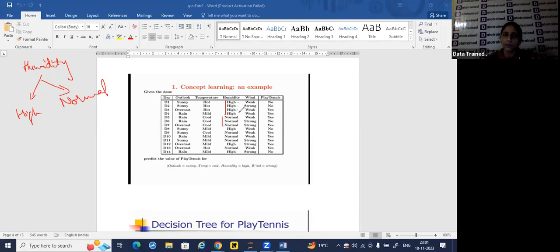1, 2, 3, 4, 5, 6, 7. 7 by 14 high, so remaining are 7 by 14 normal, because the total is 14. In this way it will work. Then we need to think about it.